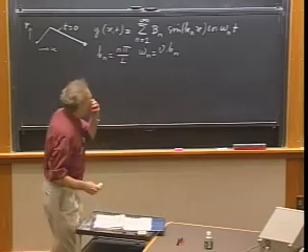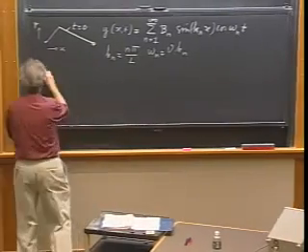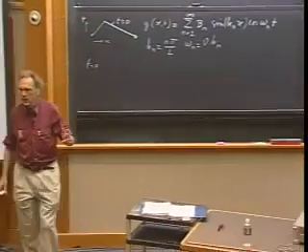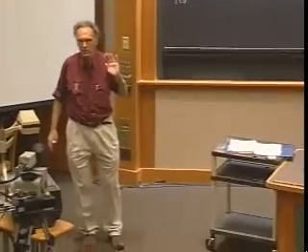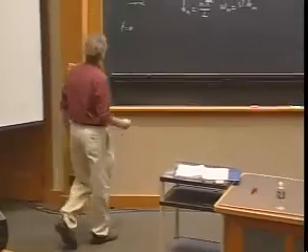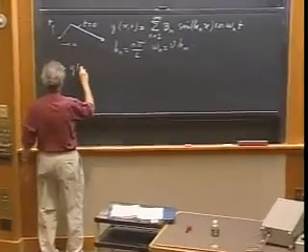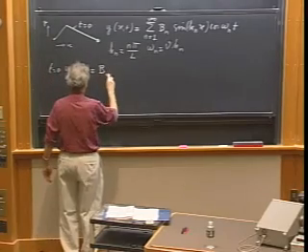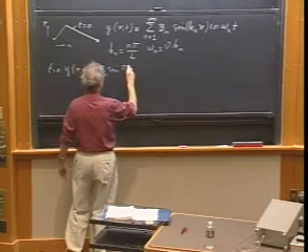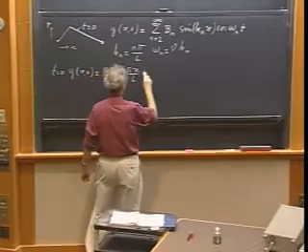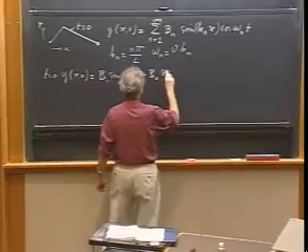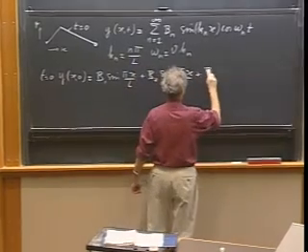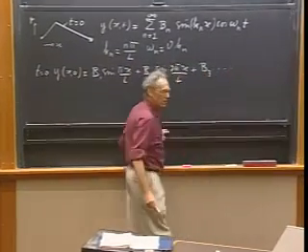So I can also write down then that at t equals 0, I can write down this shape in terms of a series of sines. I will leave the time off now. So at t equals 0, y(x) would be b1 times the sine of pi x over L, plus b2 times the sine of 2 pi x over L, plus b3, and so on.